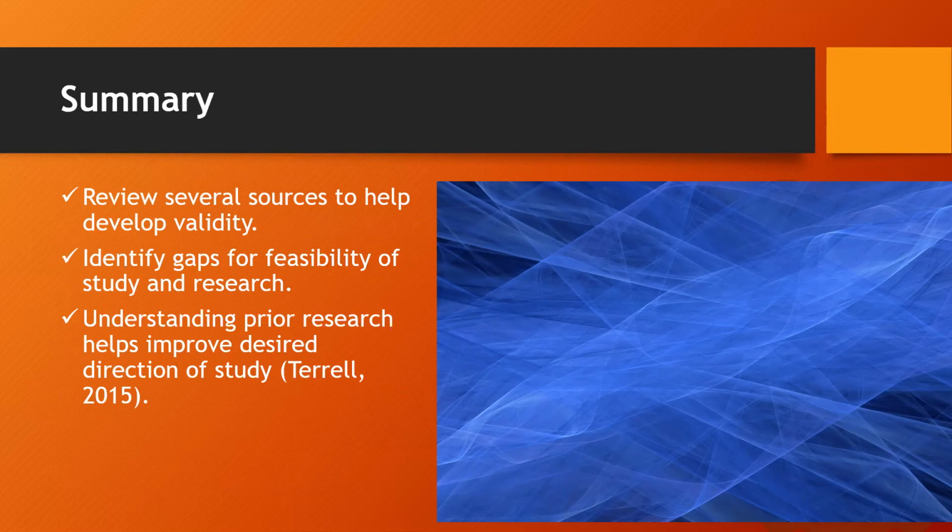Often, some of the information that you could find could come from pre-existing dissertations that have been completed. If you look at some of their dissertations, you can see some of the work that was taken to help develop their problem statement, as well as how to complete the research process.